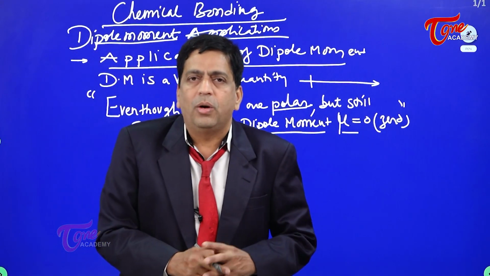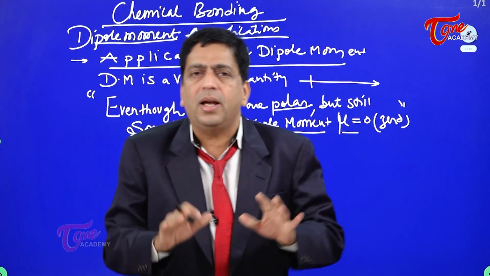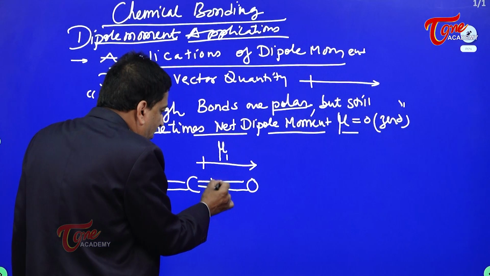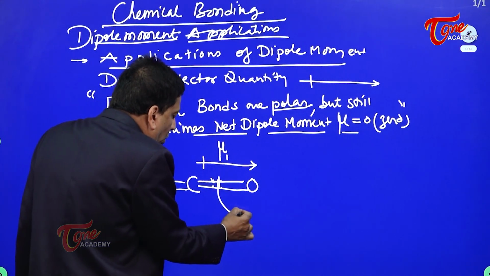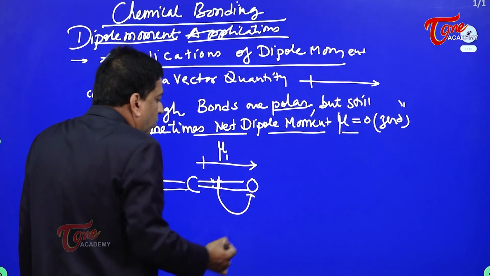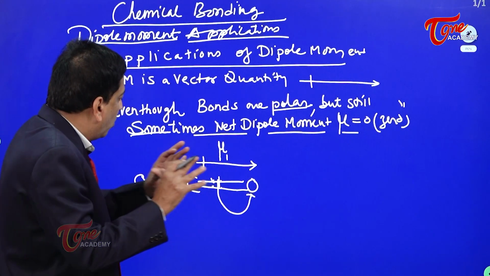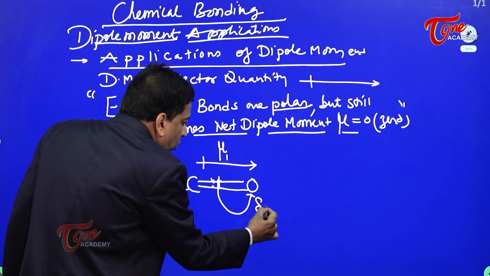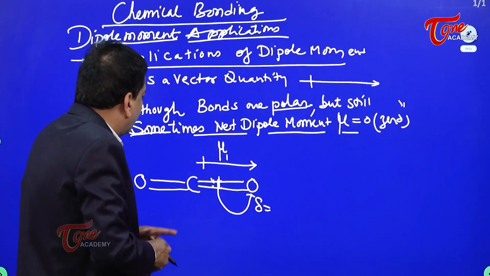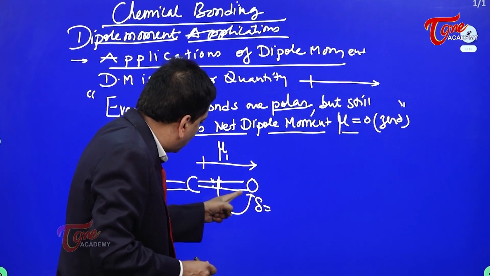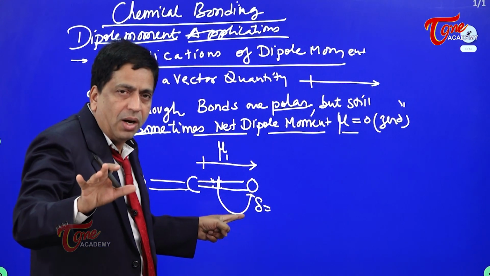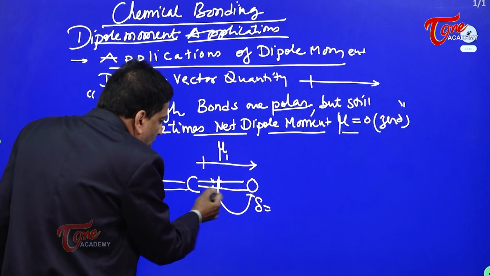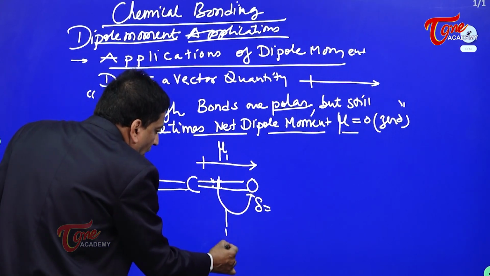The bond pairs which are supposed to be at the center are actually pulled by oxygen, and it develops a partial negative charge. Because you have a partial negative here, you get a partial negative here too. So these bonds are absolutely polar.